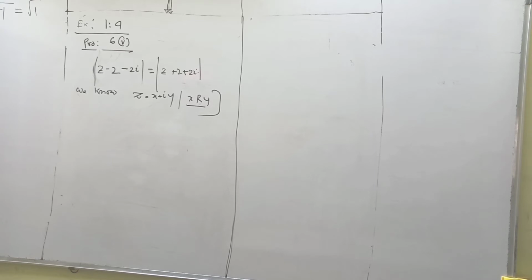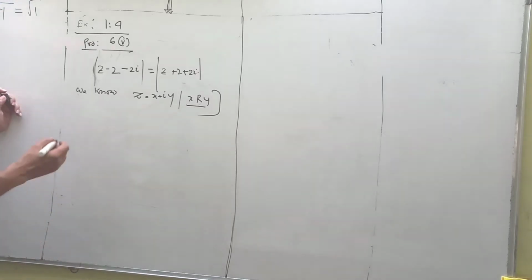But we are not required to know whether it is a parabola or a circle. We have to say this is the equation, that is the locus of the complex number.